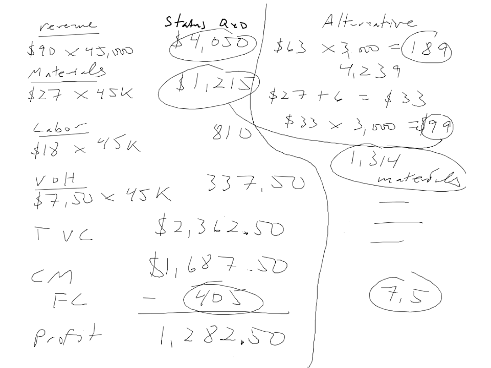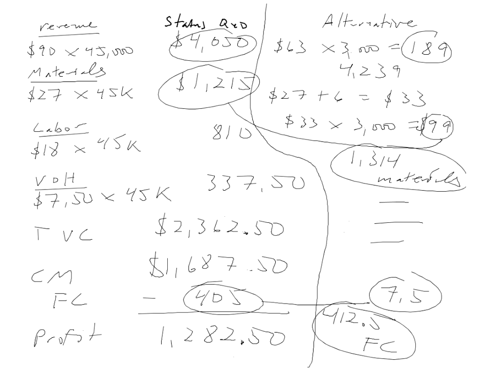So we're going to add this new fixed cost to the old fixed cost, and we're going to get 412.5. All right. So again, we don't have to do any calculations for that. To get to this 7,500, that's just given to us. So we're going to add those two together to get our new fixed cost for the alternative.